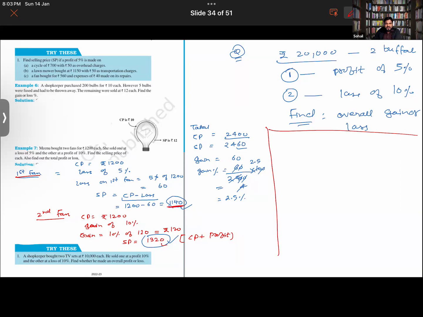Take your time and try to solve this one. Ahmed, is this chapter also not part of your upcoming syllabus? What chapter is it? This is comparing quantities. Yes, it is.